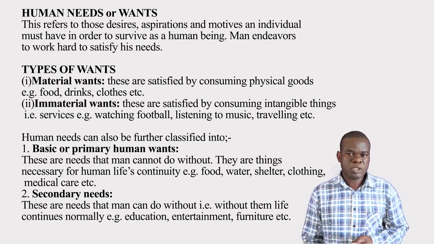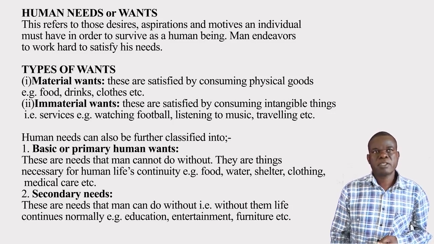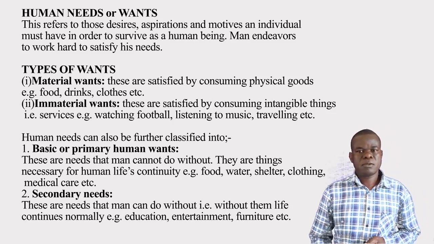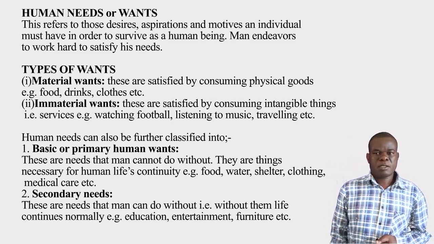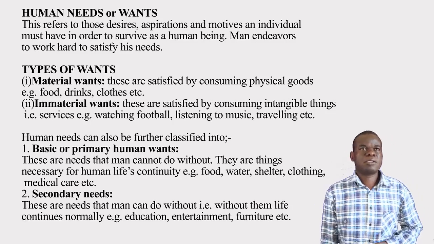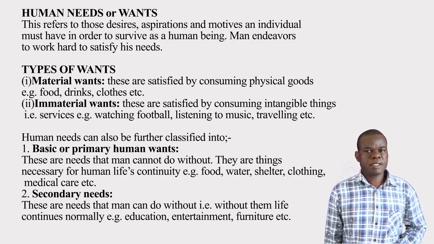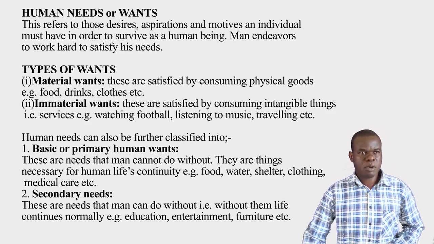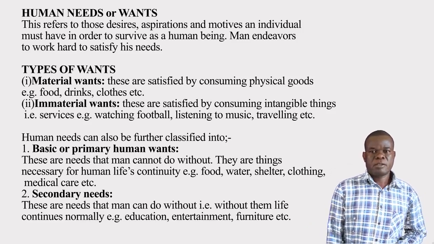We have material wants, which are satisfied by consumption of physical goods, for example, food, shelter, clothes, etc. Then immaterial wants, which are satisfied by consumption of intangible things, that is services, for example, watching football, listening to music, traveling.